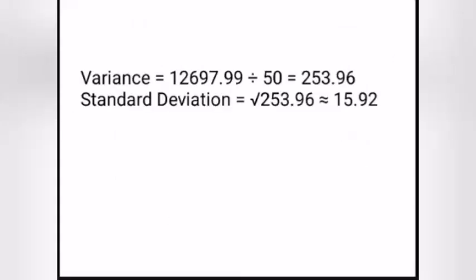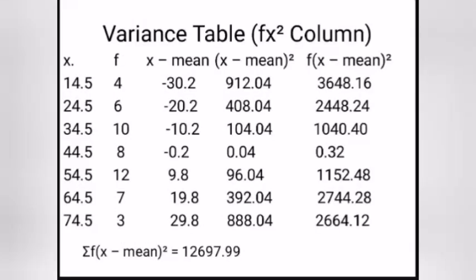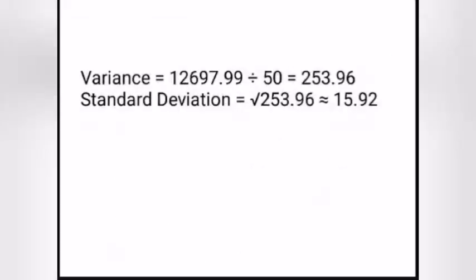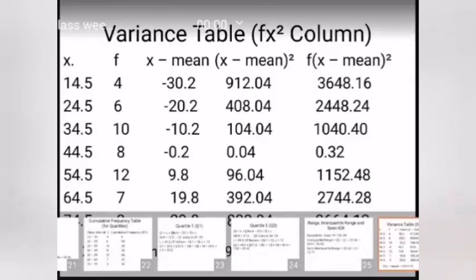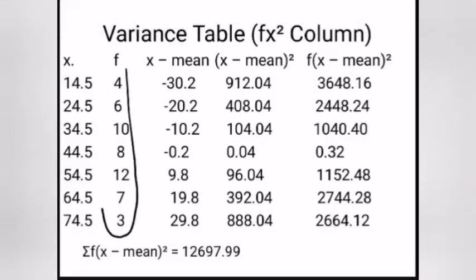So remember I told you the formula for variance is summation f bracket x minus mean squared over summation f. That's the same thing as n. Summation f is just the sum of this frequency. The sum of this frequency will give you the total number.